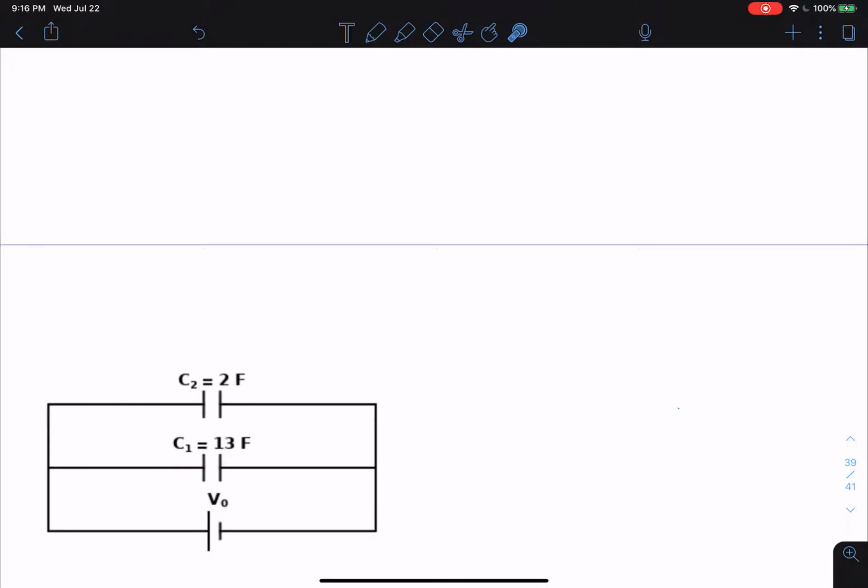These are mutually exclusive paths. The charge can only take one or the other. It can't take both. And that makes the paths parallel, and since there's a capacitor on each path, those two capacitors are connected in parallel.